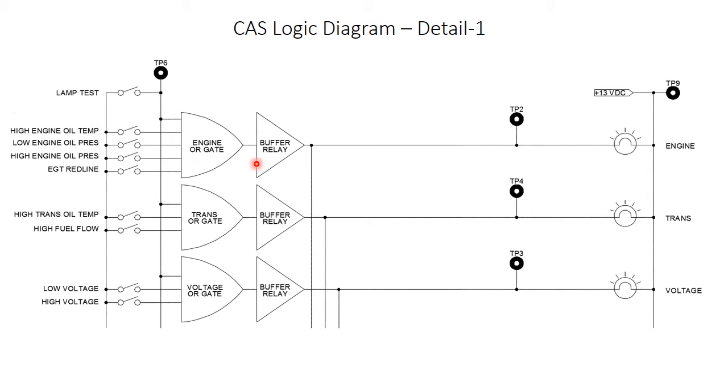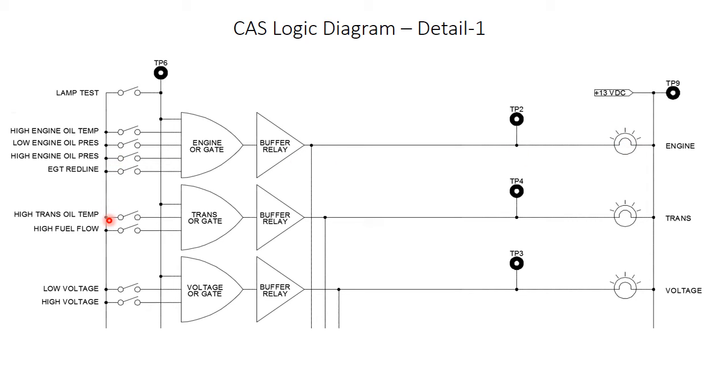For engine, I'm looking at high engine oil temperature, low and high engine oil pressure, and exhaust gas temperature red line. So any one of those 4 inputs will drive this engine alarm if there's a problem.